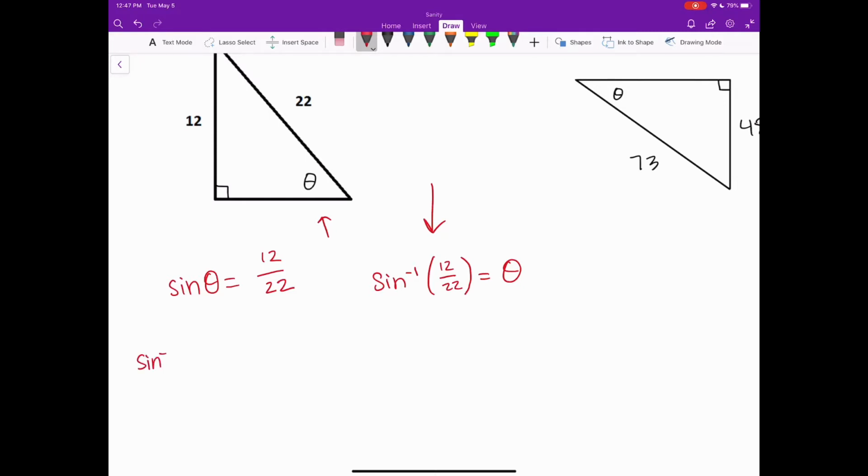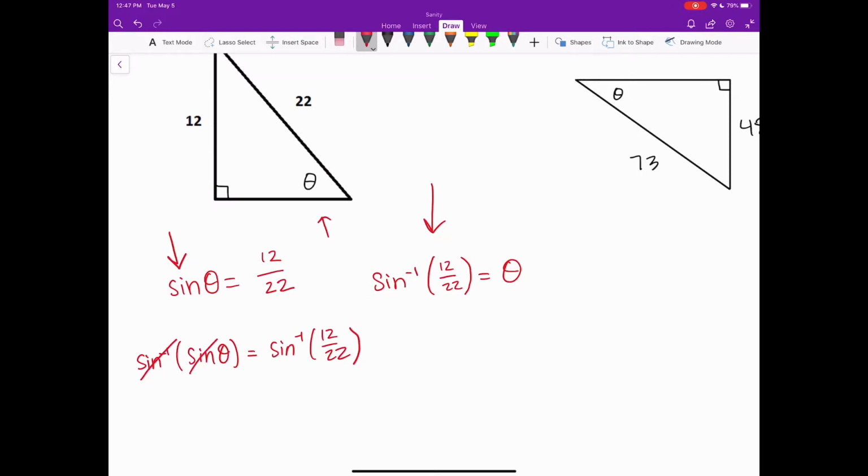So I'm doing sine inverse of sine of theta equals sine inverse of 12 over 22. Because what you do to one side, you must do to the other, correct? So I would have to take the sine inverse on both sides in order to cancel this sine ratio here.